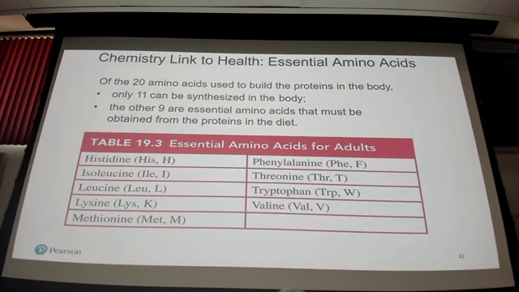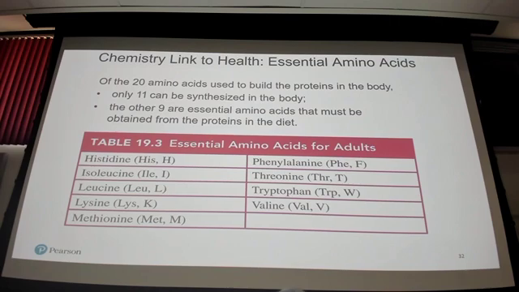So there are 9 essential amino acids that we must acquire from our diet. They are histidine, isoleucine, leucine, lysine, methionine, phenylalanine, threonine, tryptophan, and valine. The other 11 we can make in our body.